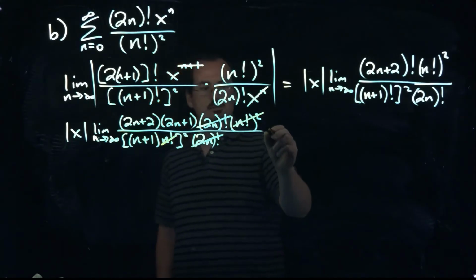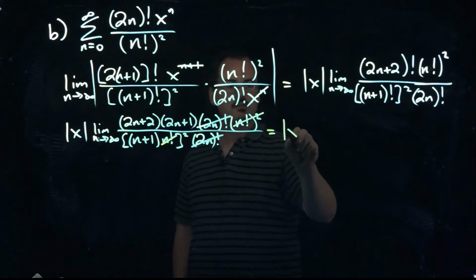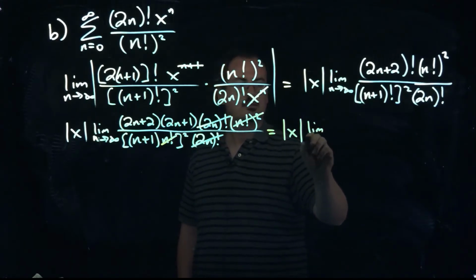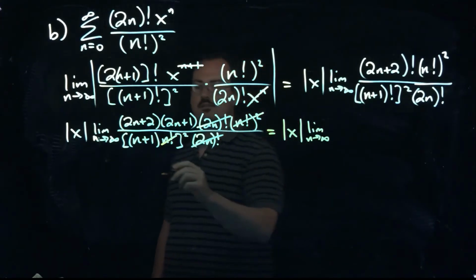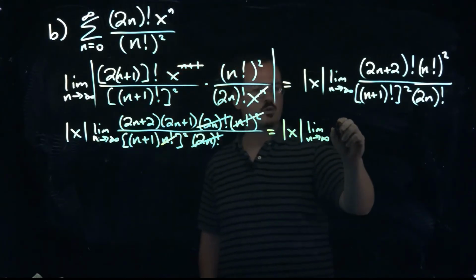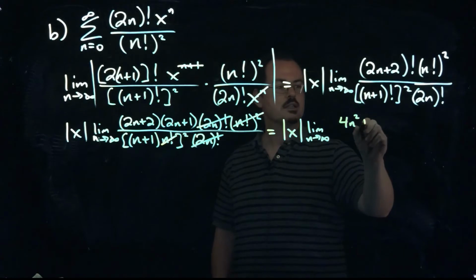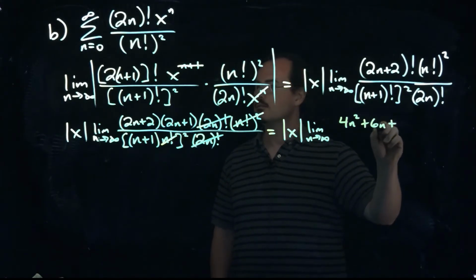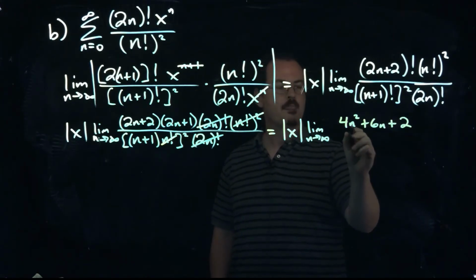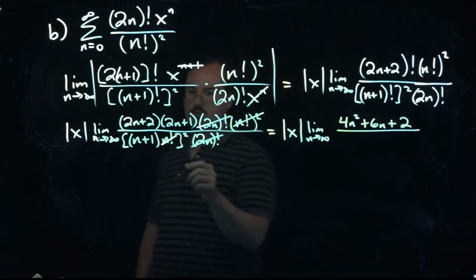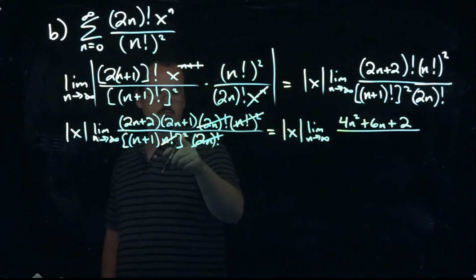Okay, and then what does that leave us with? We still have that x out here, and then we'll have this in the numerator, so we'll get 4n squared plus 6n plus 2 in the numerator. And again, that n factorial squared cancels there.